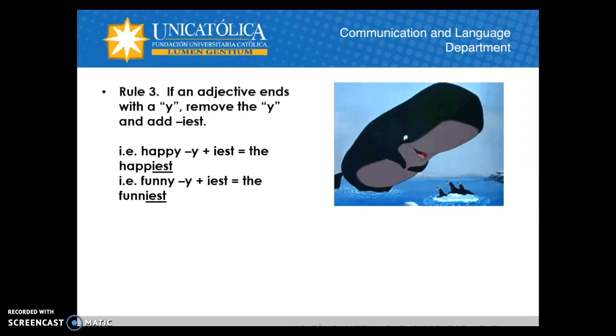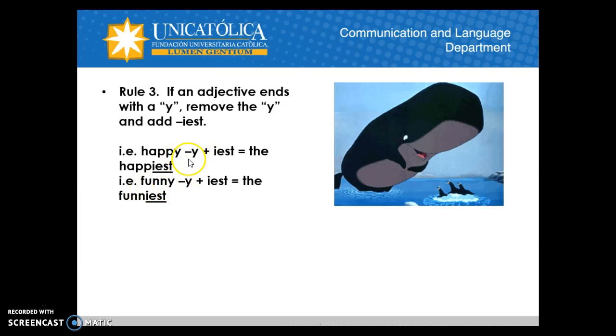Rule number 3. If an adjective ends with a Y, remove the Y and add IEST. That's the ending that you must put. So the adjectives are happy and funny.